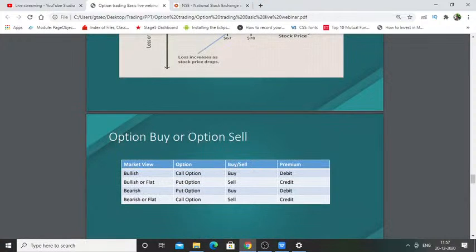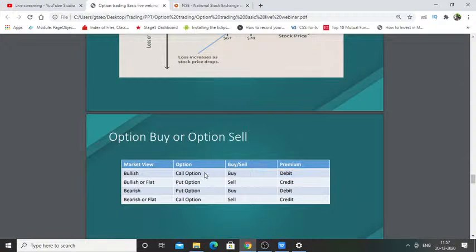Option buying or option selling: when do you have to buy an option, and when do you have to sell an option? If you are 100% bullish on any particular stock or index, you have to buy a call option. In this case there will be a debit in your premium, which means that you'll be paying from your pocket. So this is a debit strategy.